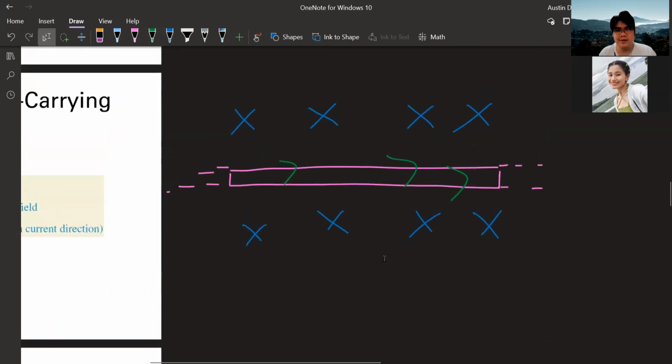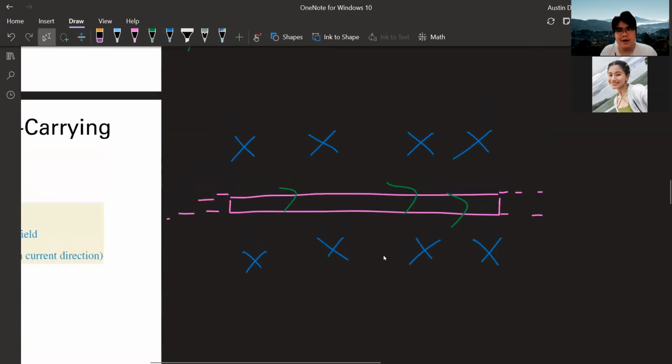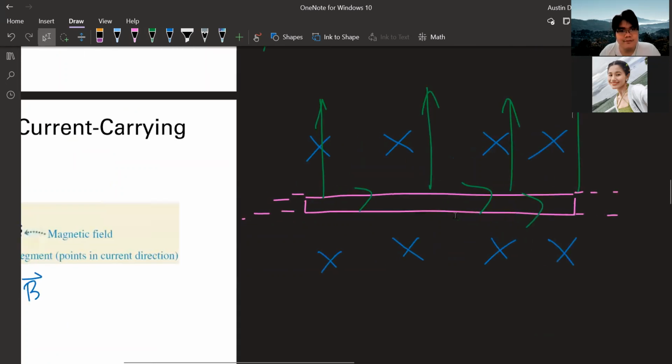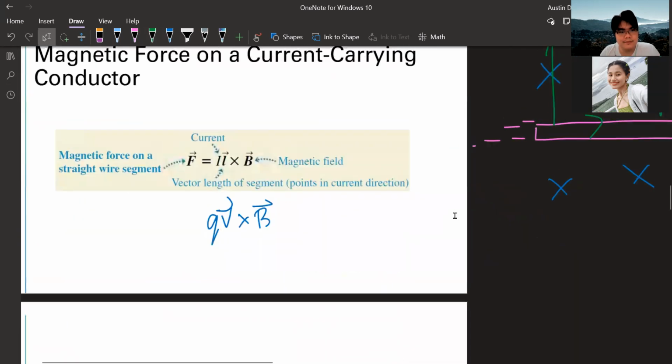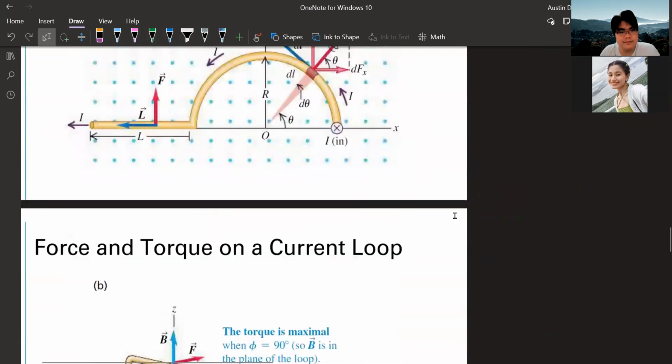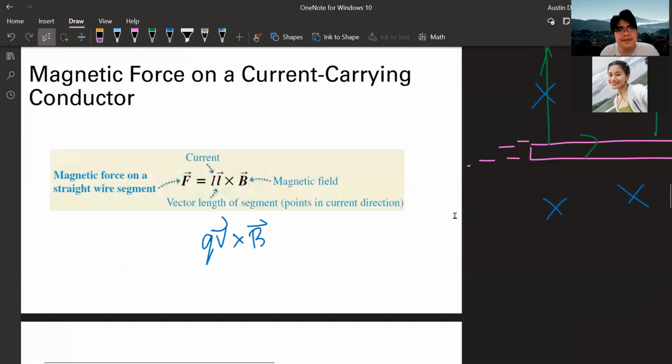Okay. So your current, the wire would feel a force going up. Right? Because it's just the right-hand rule. Okay, it will feel a force going upward.